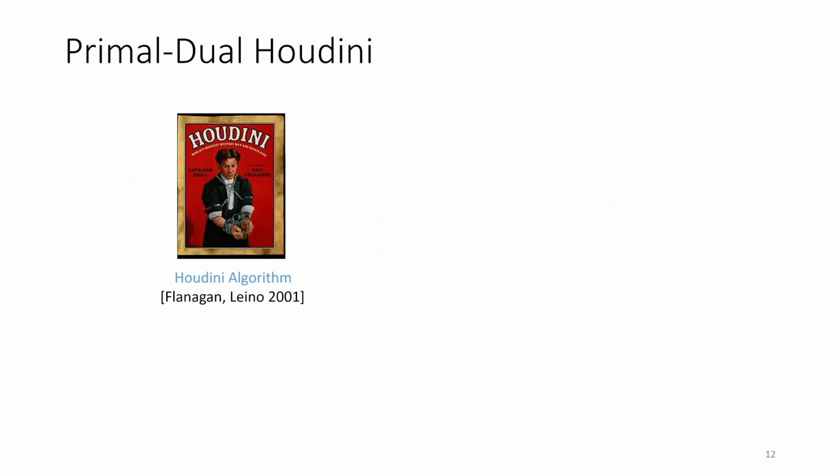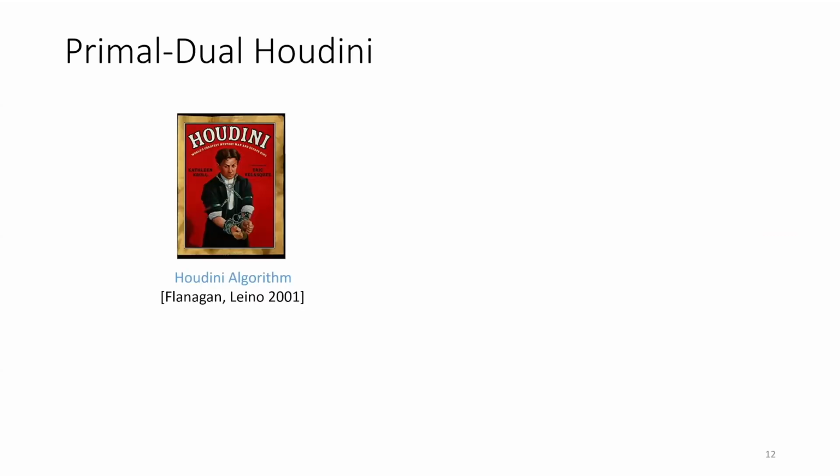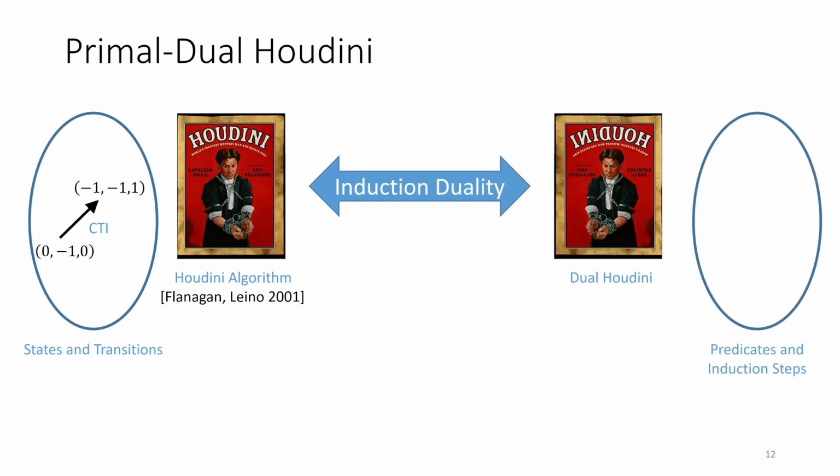The fact that things are so symmetric means that you can actually take an algorithm and just take its dual. If you know the Houdini algorithm, as it runs, it generates counterexamples to induction, and dual Houdini generates dual CTIs, which are induction edges in this graph.